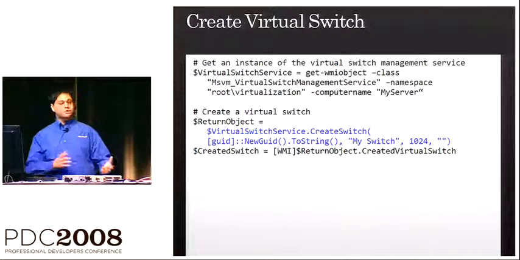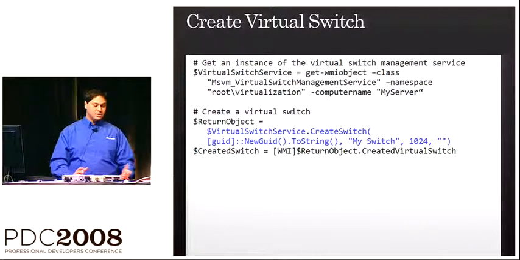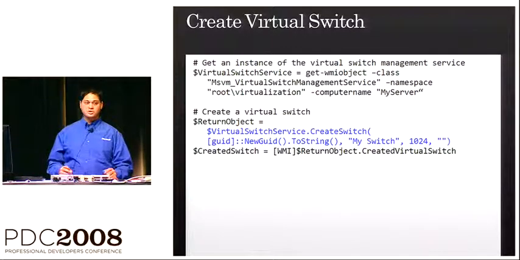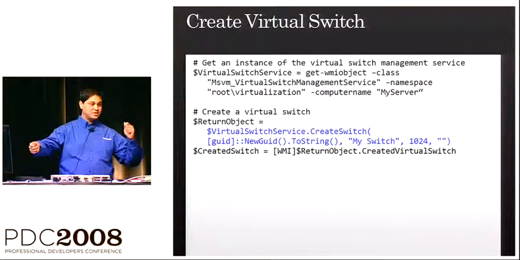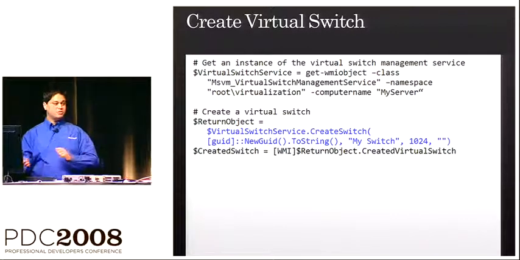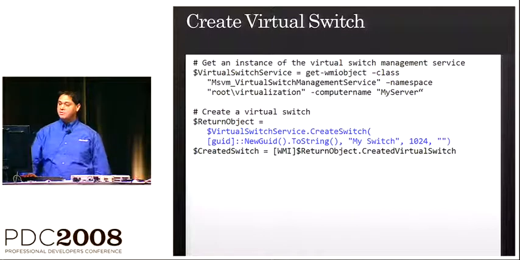So if you wanted to preserve some level of compatibility, we expose the GUID so you can create a switch with the same GUID on each of those various machines, and then you won't have the problem with migration of those machines back and forth.